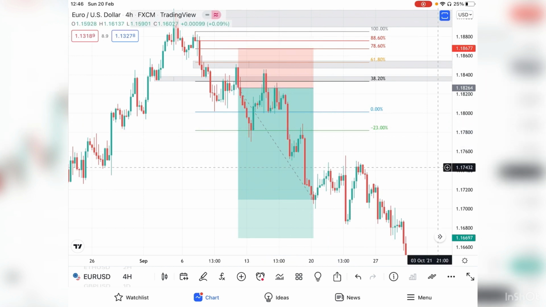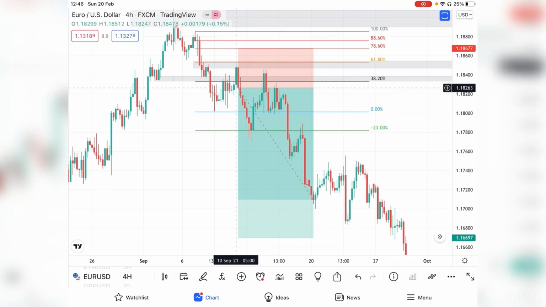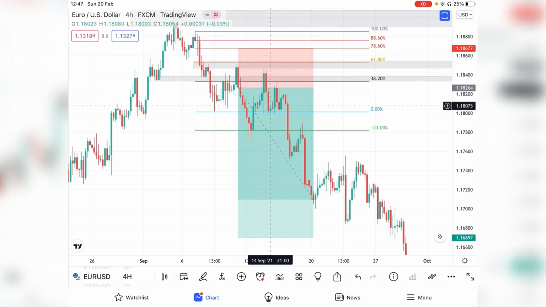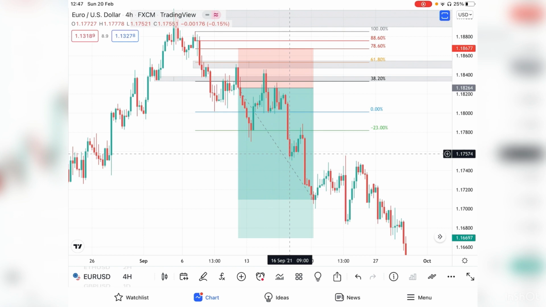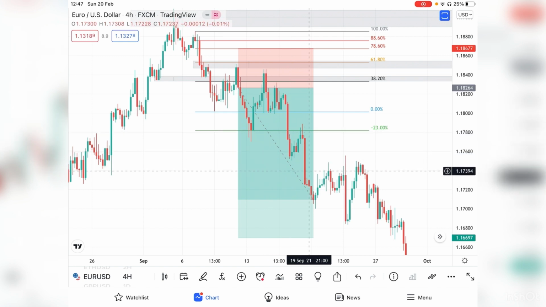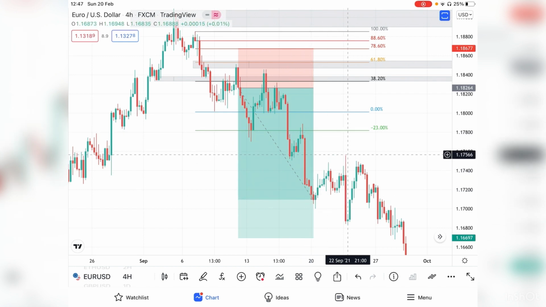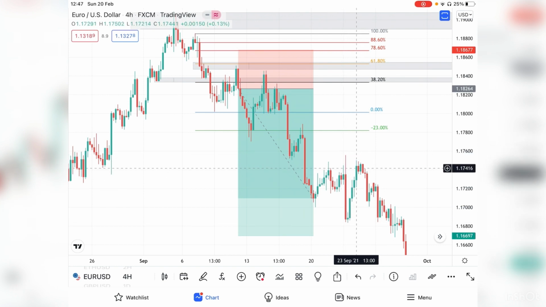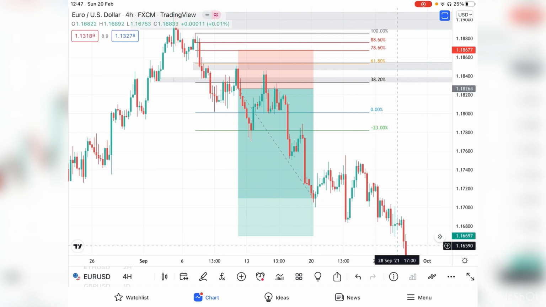Now, as you guys can see, after we entered here, price started to create lower lows, lower highs, then another lower low here, another lower high here, another lower low, another lower high, and another lower low. Then the previous lower high was tested but not broken, and then we created a new lower low.